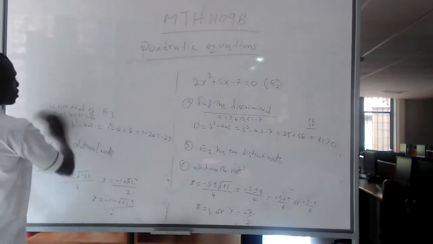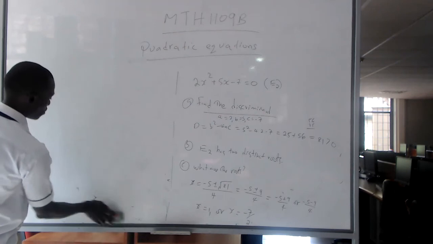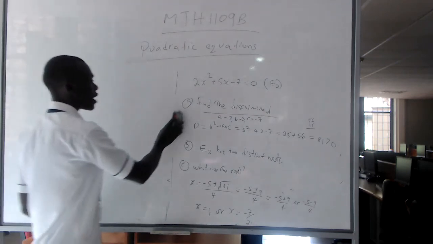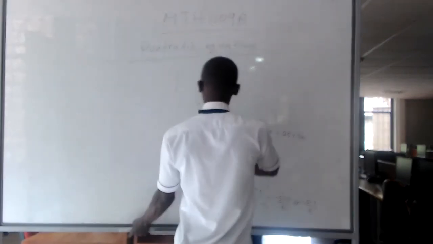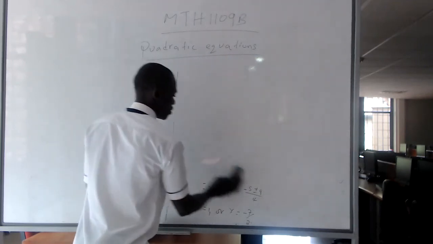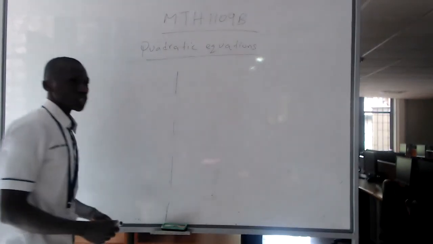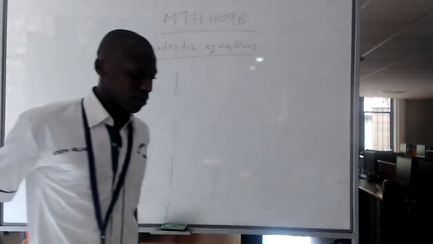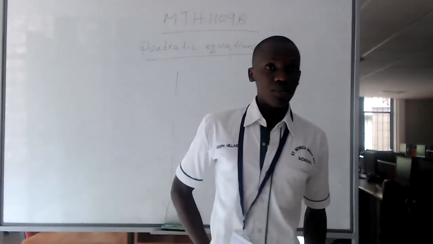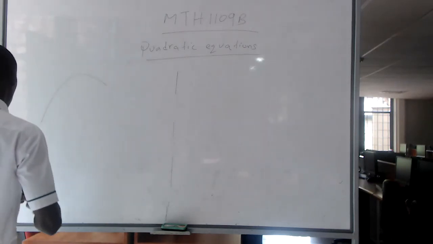There are so many applications of quadratic equations, because most of the functions used in real life are of degree 2, so you end up solving roots of a quadratic equation. For example, I can think of a projectile that is launched, especially if you are in the forces.